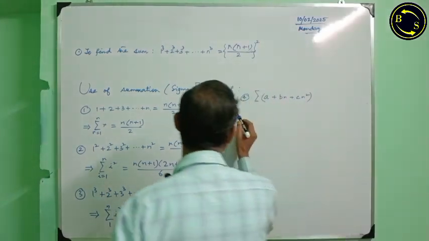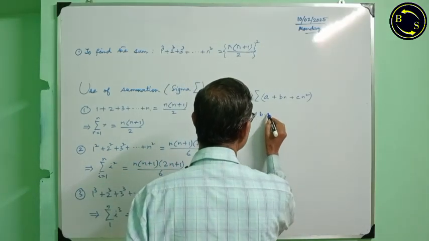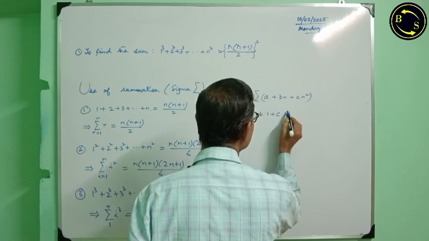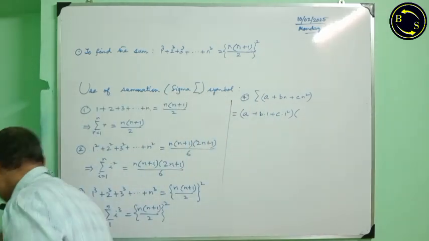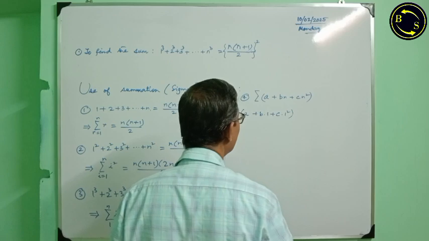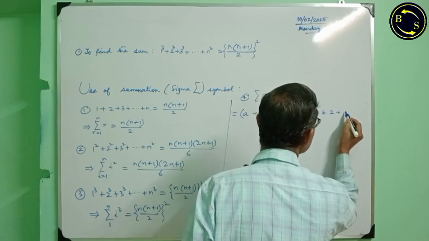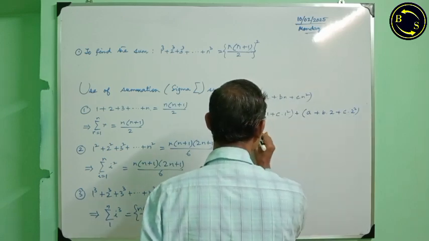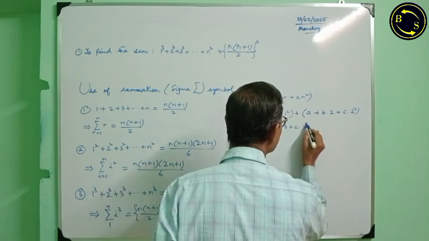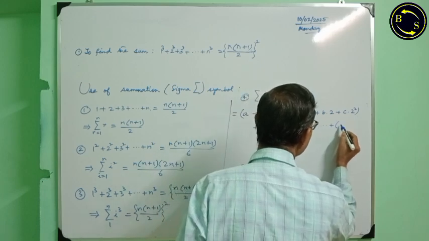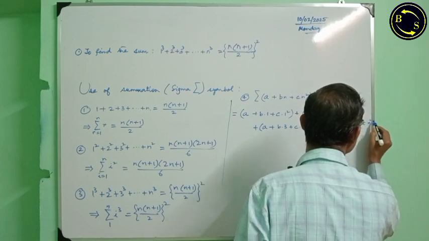That means if we write elaborately, it will be a plus b into 1 plus c into 1 square plus a plus b into 2 plus c into 2 square plus a plus b into 3 plus c into 3 square plus dot dot dot plus a plus b into n plus c into n square.